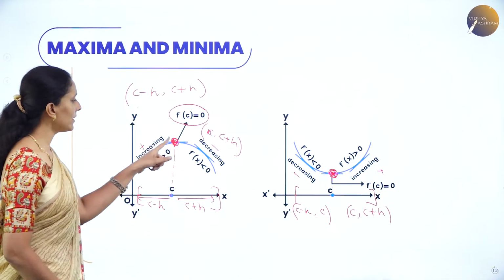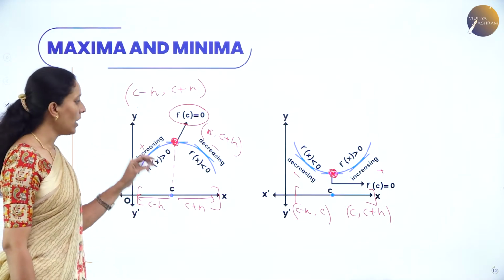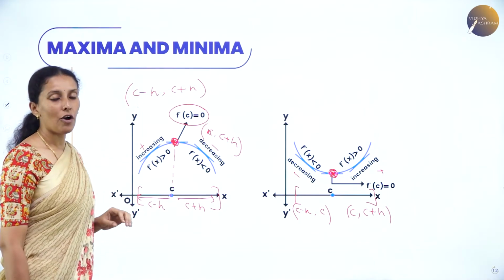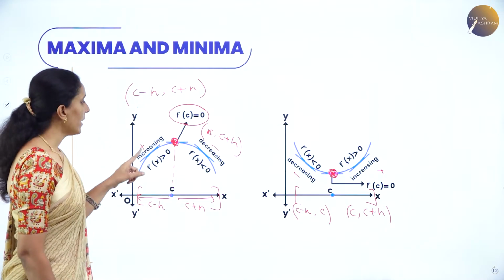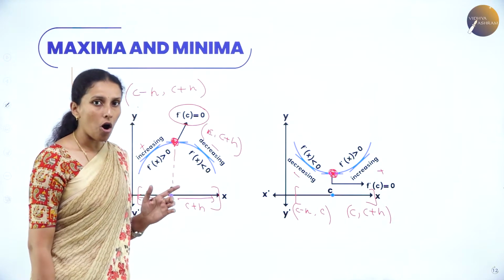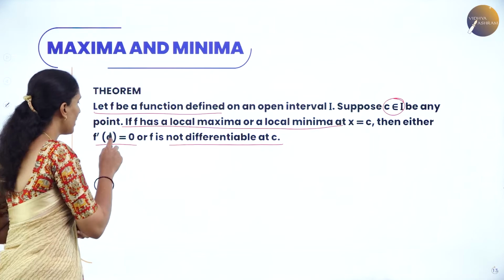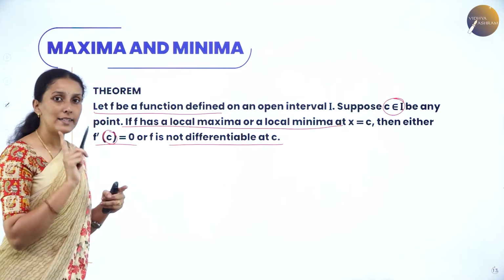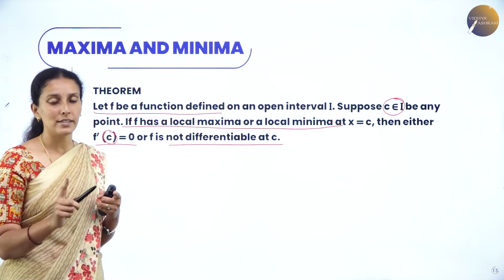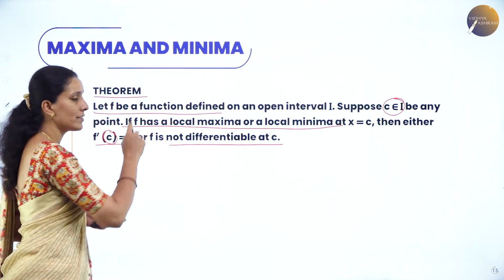That is, at this point f dash of c must be 0 for all c belonging to the domain of f, or f is not differentiable at that point. That is, if f has local maxima or local minima at c, then f dash of c is 0 or f is not differentiable there. So this is the statement of this theorem.